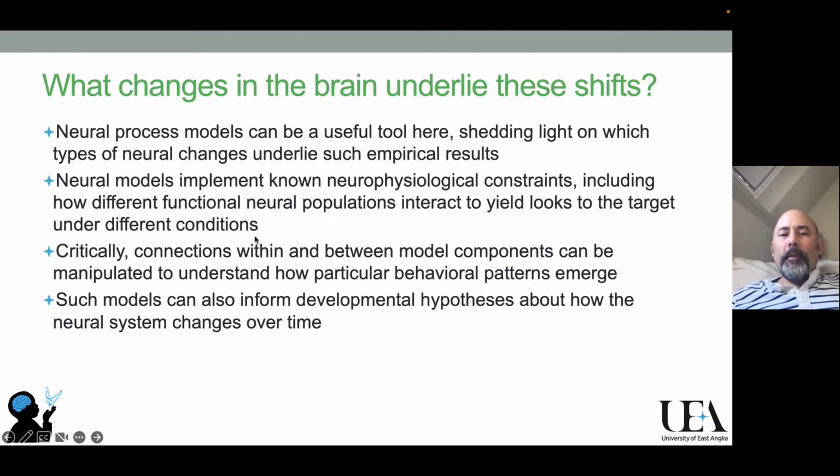Neural models allow us to implement known neurophysiological constraints, including how different functional neural populations interact to yield looks to the target under different conditions. And critically, connections within and between the model components can be manipulated by the modeler to understand how particular behavior patterns might emerge from the neural system. In addition, we think such models are particularly useful for informing developmental hypotheses about how the neural system changes over time.